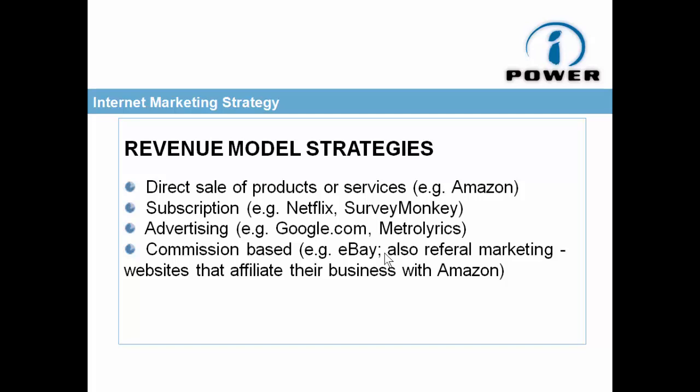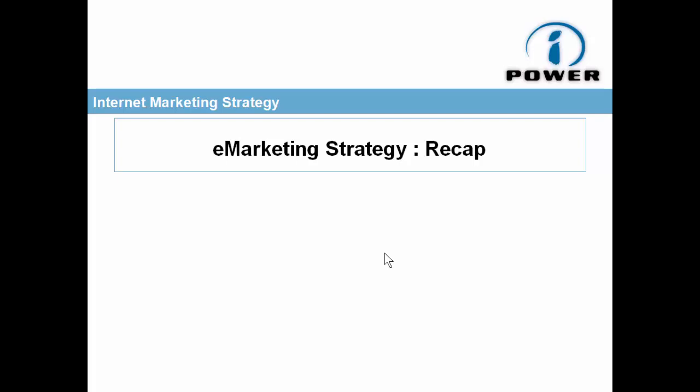This is called affiliate marketing or referral marketing, and your website is acting as a middleman, sending people to Amazon. So those are the 4 strategies. All 4 can work really well, but you have to make up your mind which one will work best in your particular case.